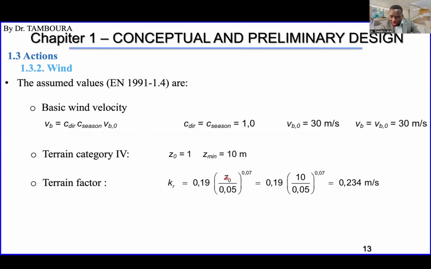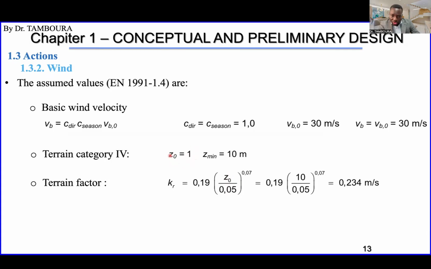You see how we use the Z0 now? The Z0 is used to obtain KR. This is the formula. We will see also where we need to use this one, but just follow step by step and we will reach there soon. Use this formula, replace this Z0 here.